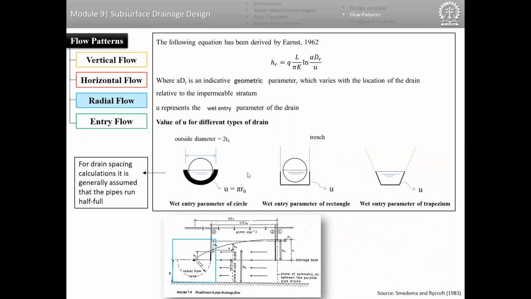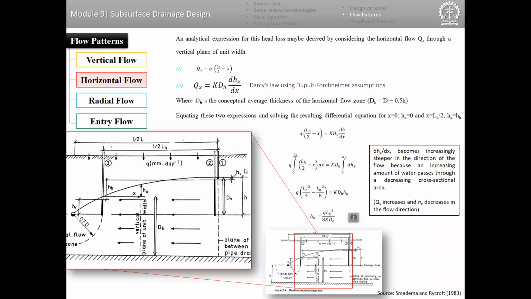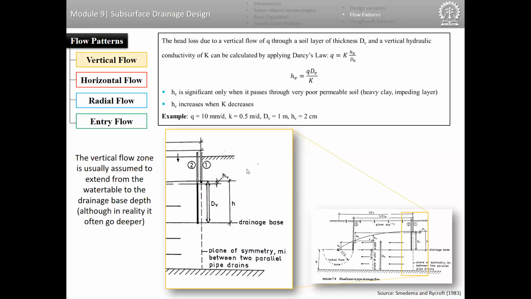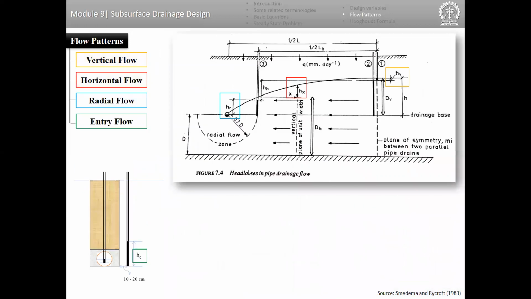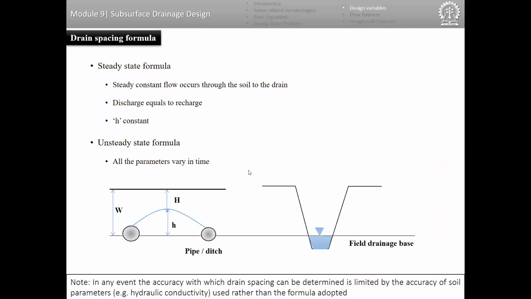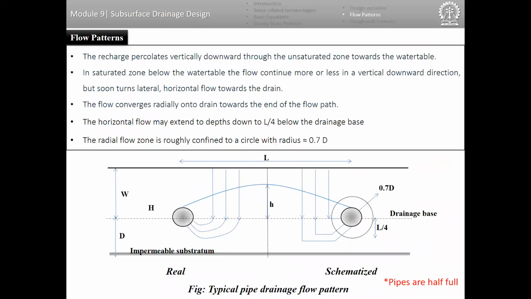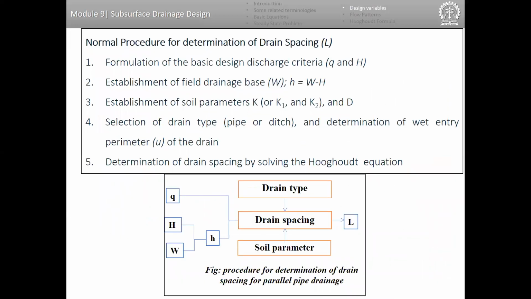So that is essentially related with the drain, what kind of drain type we are going to select. So we were discussing this figure. This is a procedure for determining the drain spacing for a parallel pipeline system.